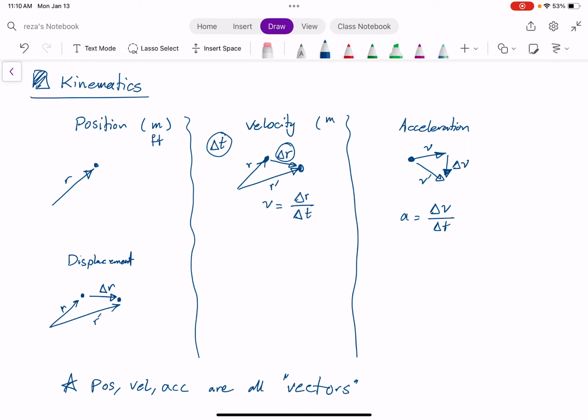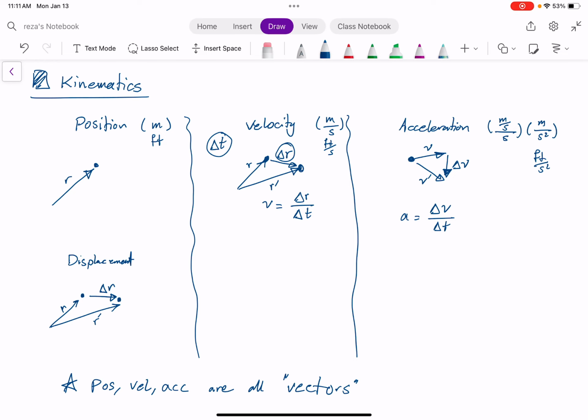So it usually has units of meters per second or feet per second or kilometers per hour, miles per hour, and so on. And finally, acceleration is the change of velocity relative to time. So it has meter per second divided by second, or meter per second squared unit, or similarly feet per second squared, and so on.